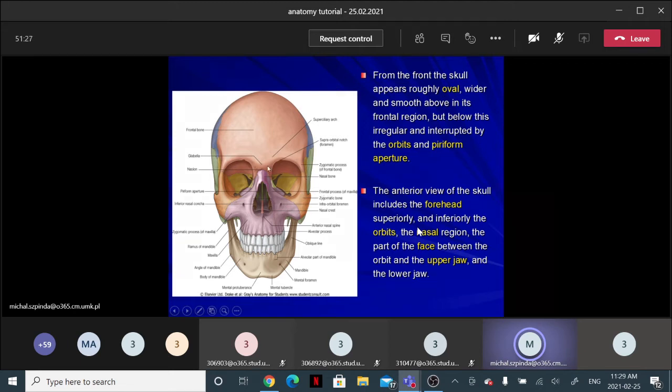The middle 2/5 of the face are mostly composed of the two maxillary bones. The maxillary bone has four parts. Such a part here that's somewhat depressed, concave, is called the maxillary body.